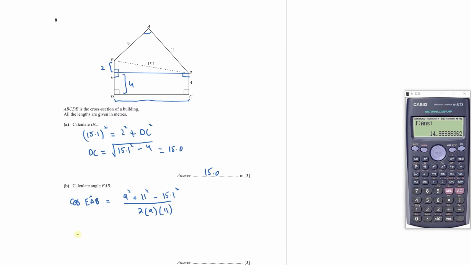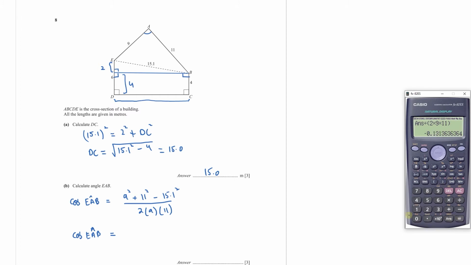So cosine of EAB will be, let's calculate this, 9 square plus 11 square minus 15.1 square, and this divided by 2 into 9 into 11.